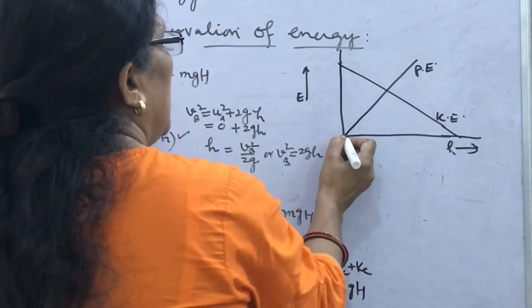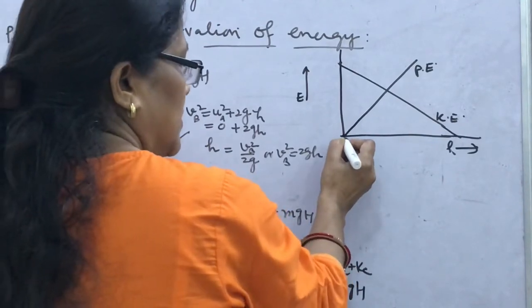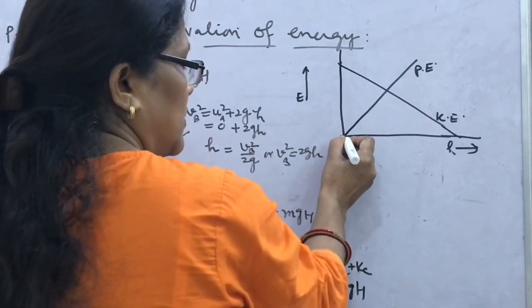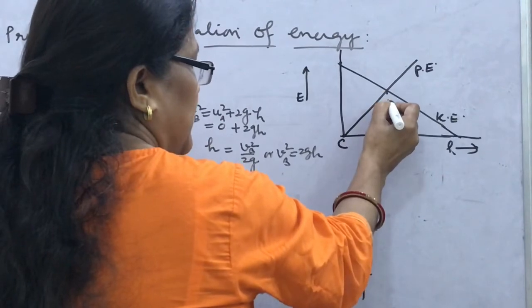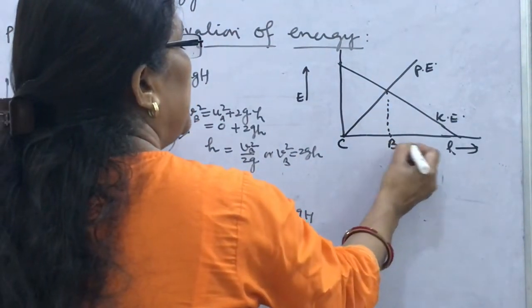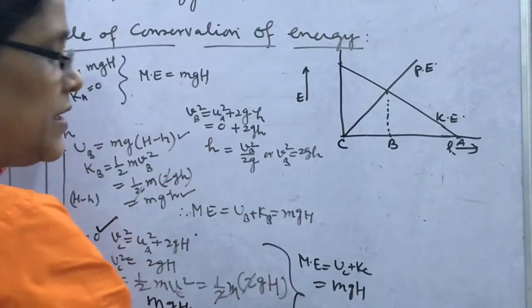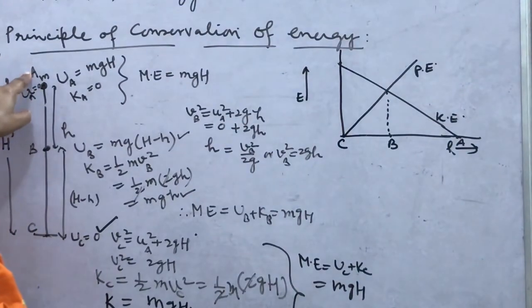Look, suppose this point is C at the ground where height is 0, and this point in between is suppose B, and this point at the maximum height is A. I am relating this graph with this figure.